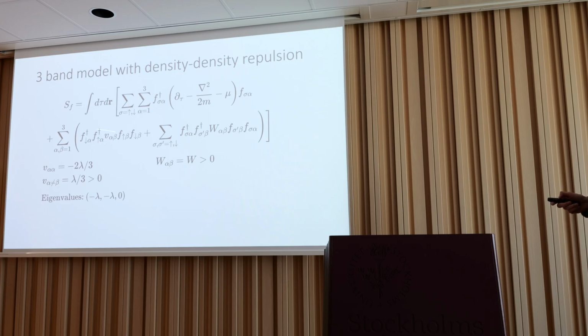The first part is again responsible for superconductivity. This matrix is defined like so, and it has three eigenvalues: minus lambda, and 0. Since lambda is positive, these are negative eigenvalues, so this is an attractive interaction. Then this is just a density interaction, and it's repulsive, so it's positive.